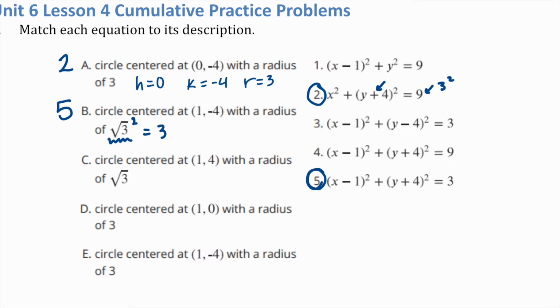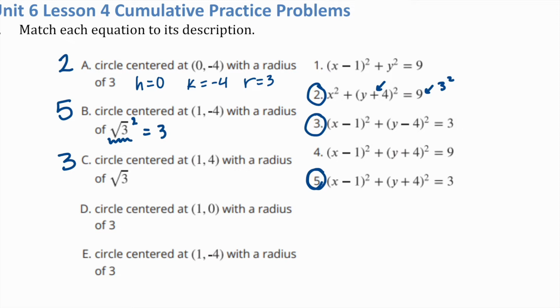For C, a circle centered at (1, 4). So I'm going to have two minuses, x minus 1 and y minus 4. Again, it has a radius of square root of 3, so it's going to be equal to the whole number 3. That gives me option 3 right here. 3 goes with C. Then D, this circle is centered at (1, 0).